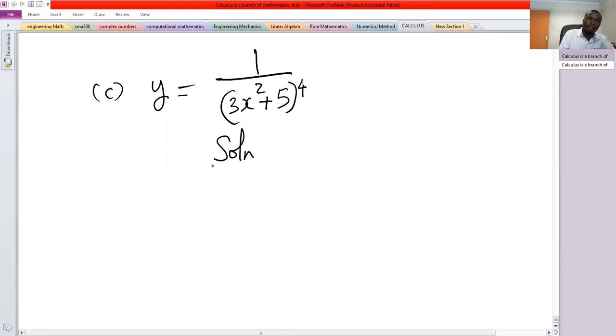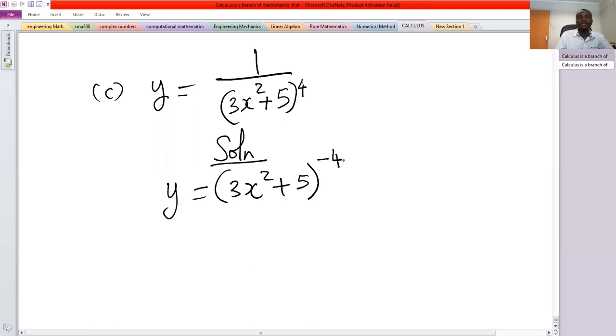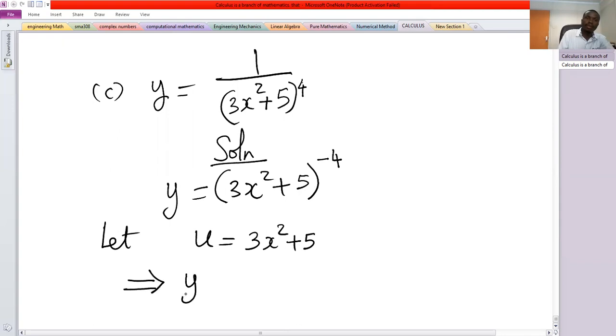Now you can write this one as y equals (3x squared plus 5) raised power minus 4 using laws of indices, and let this bracket be u. So then we'll have y equals u raised power minus 4.